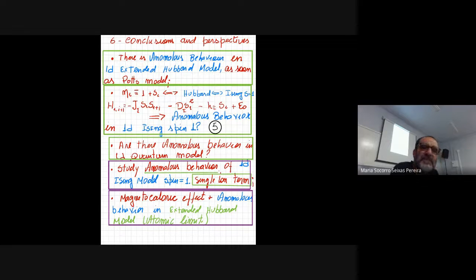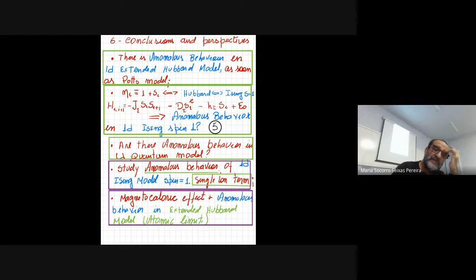It's important to pay more attention to this map to define this relation and to define that pseudo transition exists in the one-dimensional Ising model with spin 1.